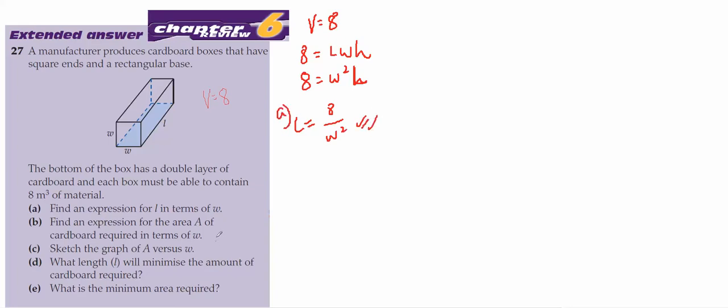Part B, find an expression for the area of the cardboard in terms of W. The area of the cardboard is going to be 3 lots of LW, because I have 2 bases and a top, plus 2 W squared for each end, plus 2 more LW for the sides.